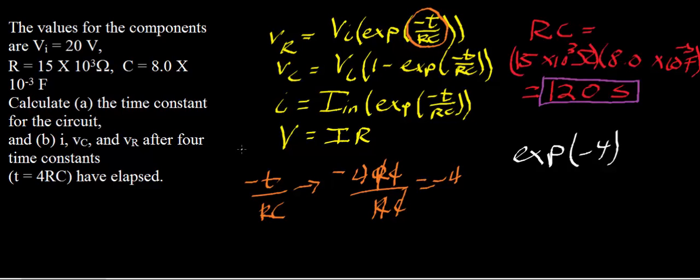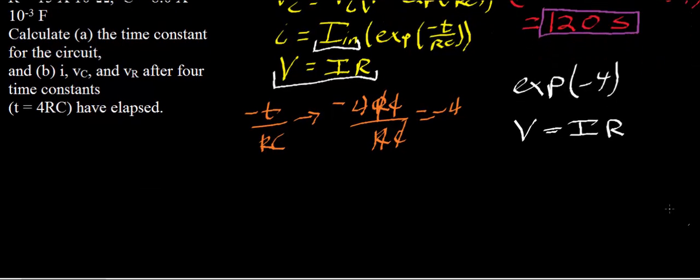Now let's actually go about calculating our instantaneous current. That's our first instantaneous quantity that we want to calculate. But the problem is, to use that equation, we're going to need the initial current. To get that, we're going to use this bottom equation, which says that the voltage across the battery is equal to the current times the resistance. That's just Ohm's law, right?